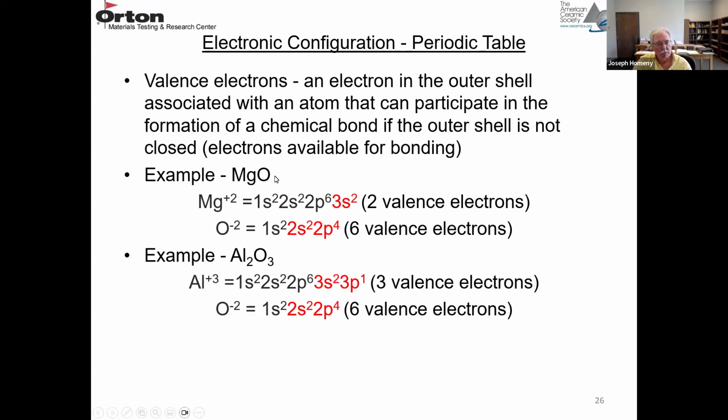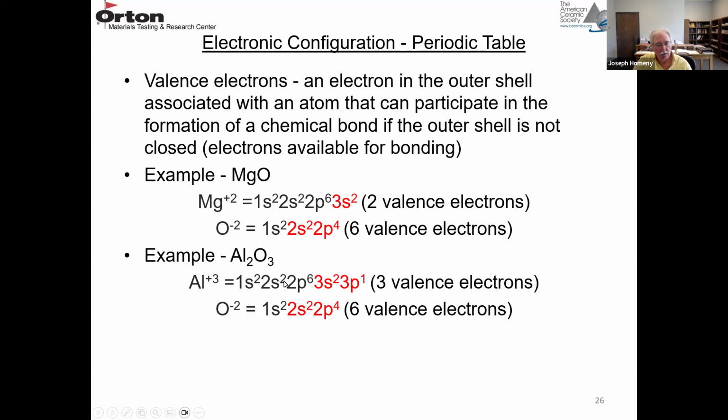So when you form MgO, these 2 electrons in the 3s orbital end up in the 2p orbital of O2. So this becomes basically 0, and this is p to the 6th. So that'd be s to the 0, I guess. So then you have an Mg plus 2 ion and an O minus 2 ion.